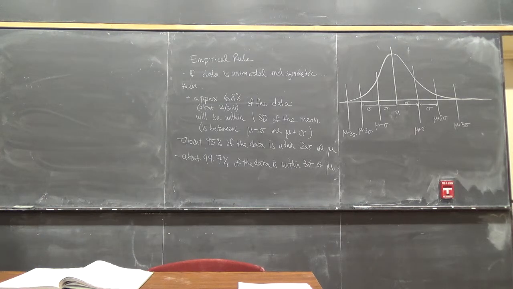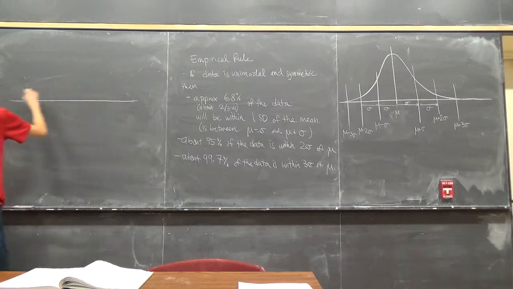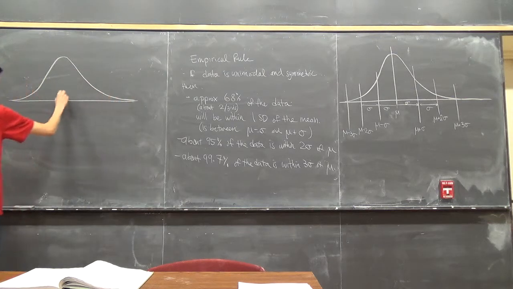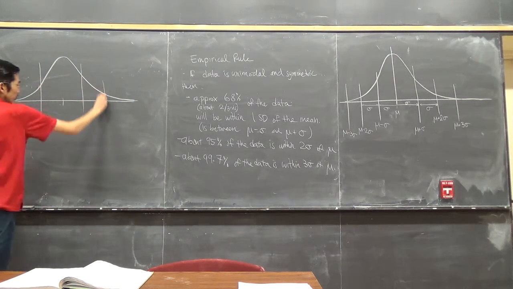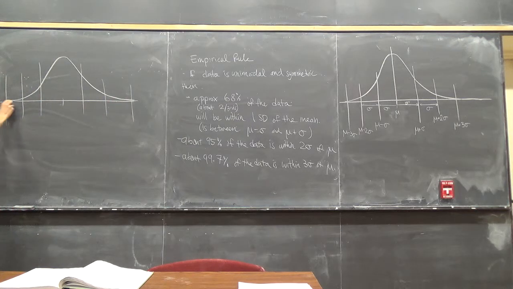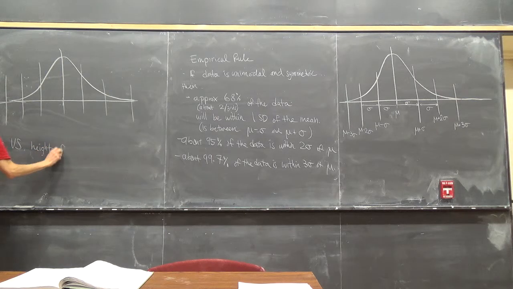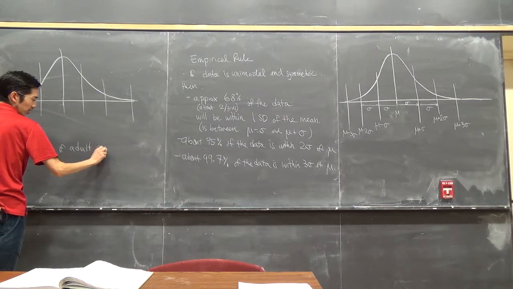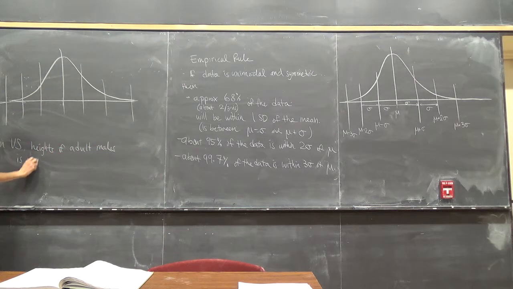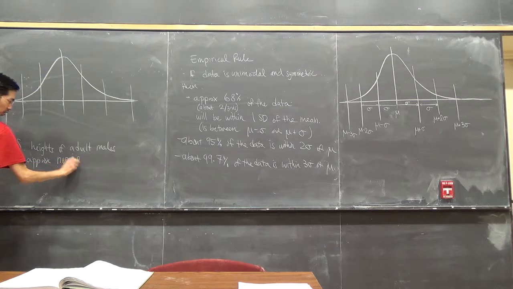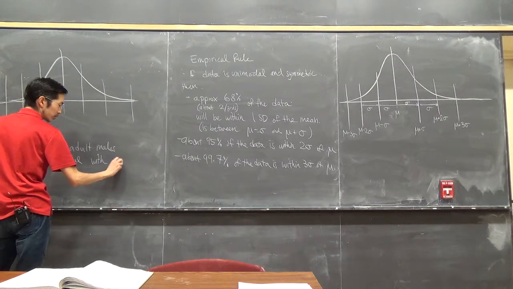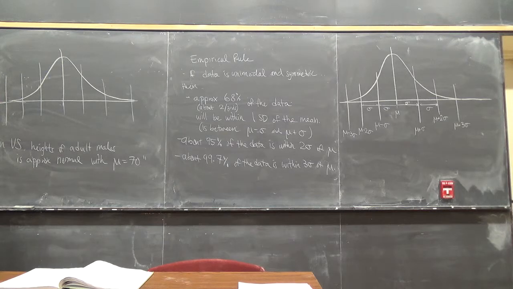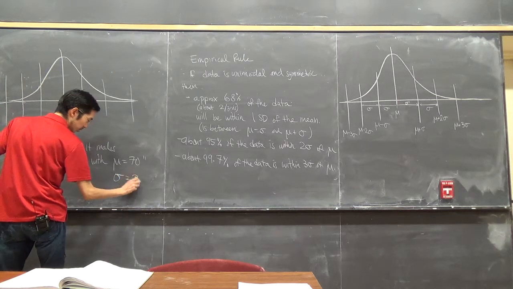Okay, so just an example. So we can say in the US, the heights of adult males are approximately normal, with mu equal to 70 inches, so that's 5'10", and standard deviation equal to 3 inches.